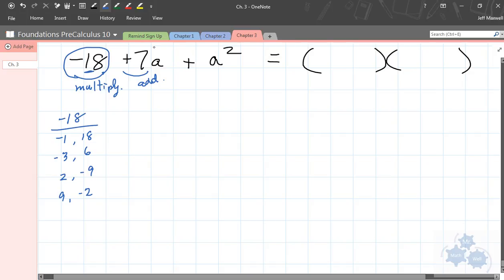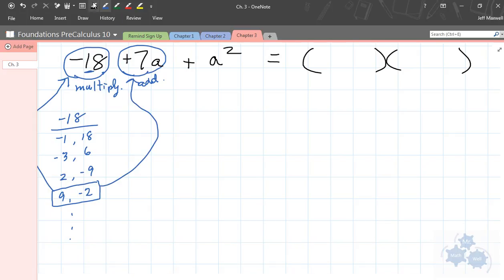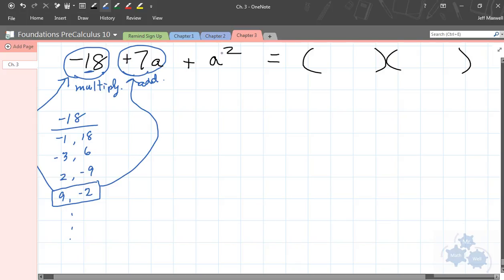And the middle term, the b constant, is the sum still. So I've listed some of the factors here for negative 18. Do you see how these factors right here, when you multiply them, you get negative 18, and when you add them, you get positive 7? See that? So the only thing now is that these terms are out of order.